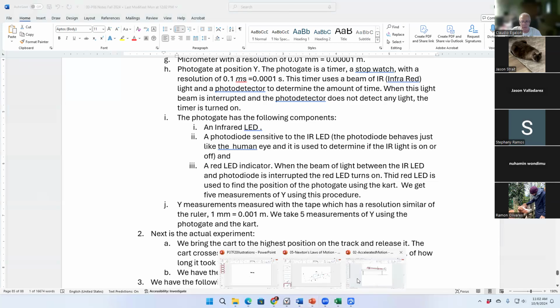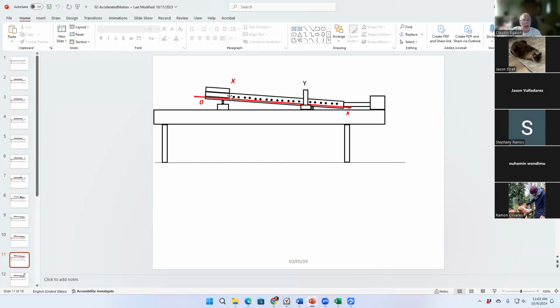Here you go. X is this position right here. Y is the position of the photo gate. What we're going to do is release the cart from different heights along this ruler, this air track. The higher the cart goes, the faster it's going to move through the photo gate.